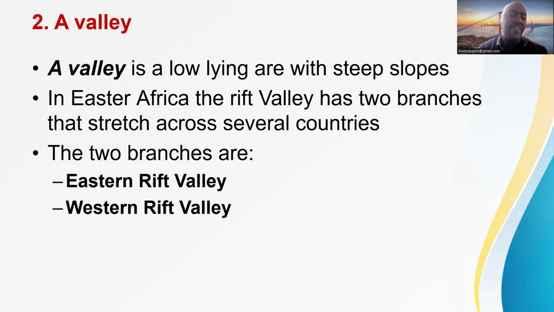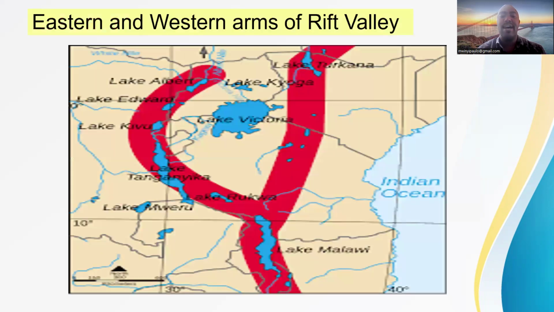The two branches are referred to as the Eastern Rift Valley and the western arm of the Rift Valley. On your screen, you can clearly see them. The one on the east is the eastern arm of the Rift Valley, and the one on the west is the western arm.